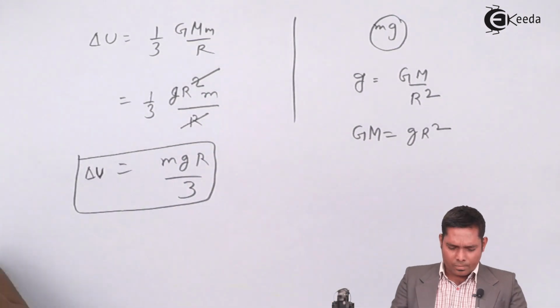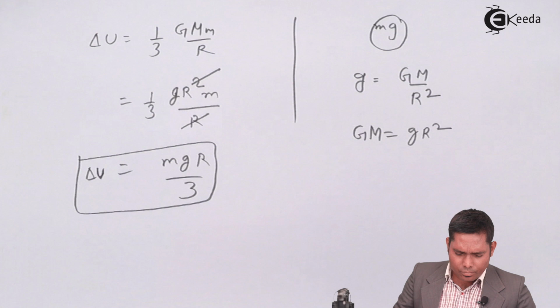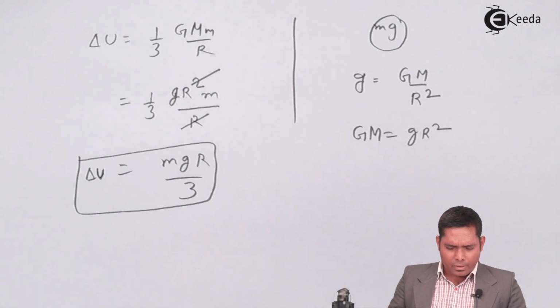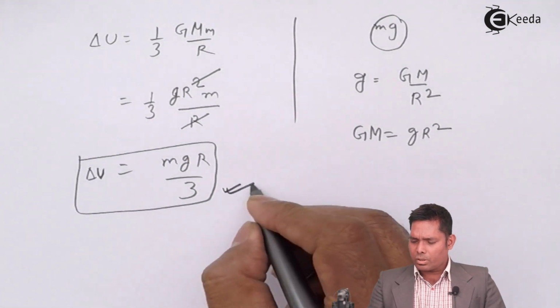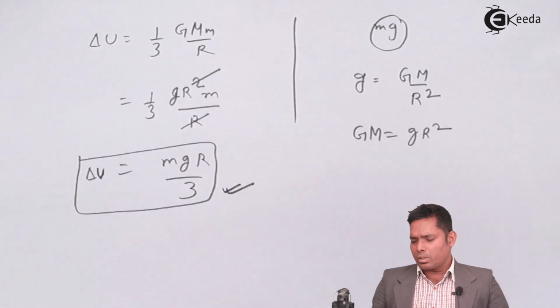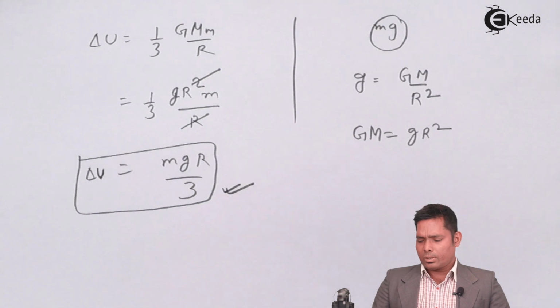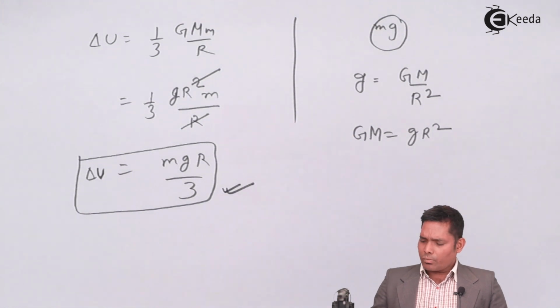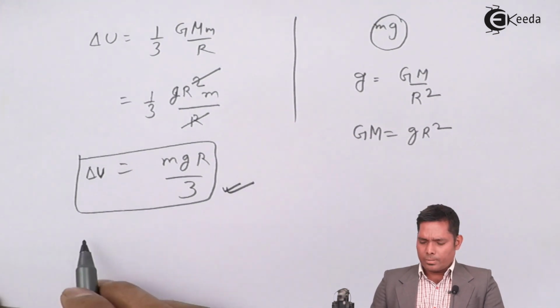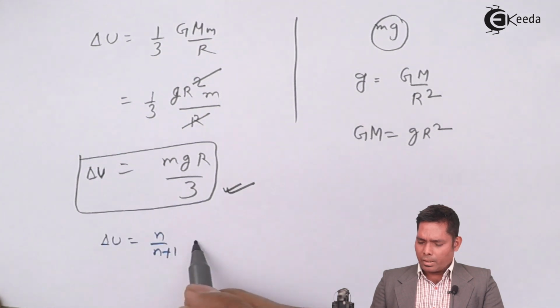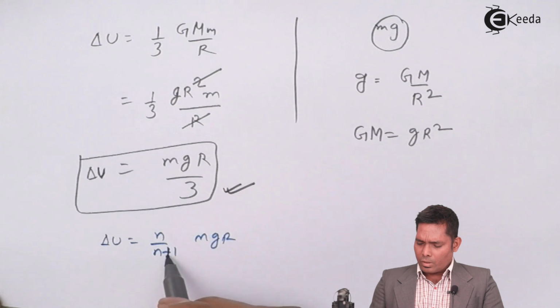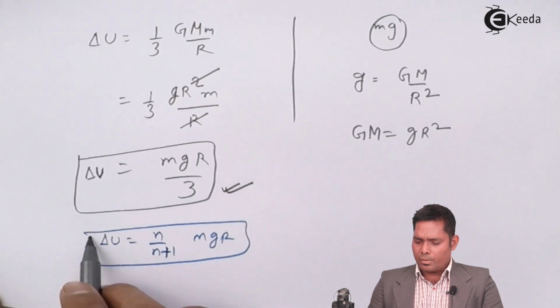So this is the gain in potential energy if the object is taken to a height equal to R by 2. I'll just give you one general formula, that is n divided by n plus 1 times m g R. That formula will give you the answer immediately.